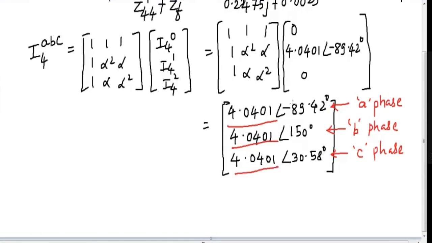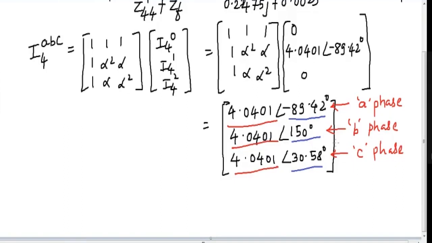You can see the magnitude is the same, only the angle changes. The difference between A phase and B phase is 120 degree. Again, the difference between B phase and C phase is also 120 degree. So whatever we have solved is correct. Okay, is it clear, everyone?